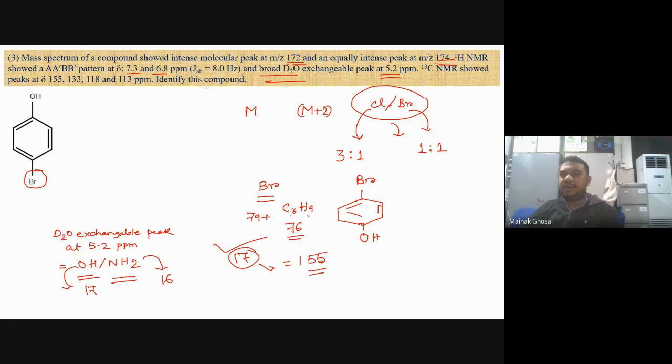Now I need to assign the carbon peaks. The four carbons are there: 155, 133, 118, 113.